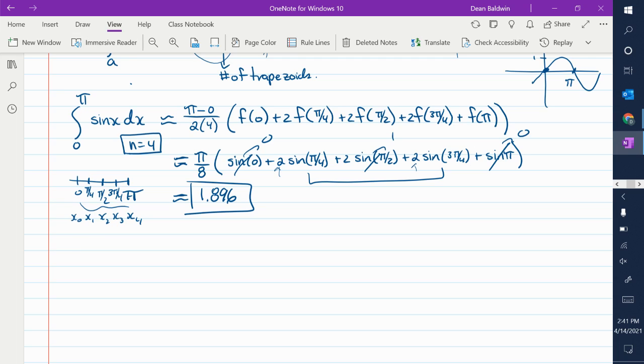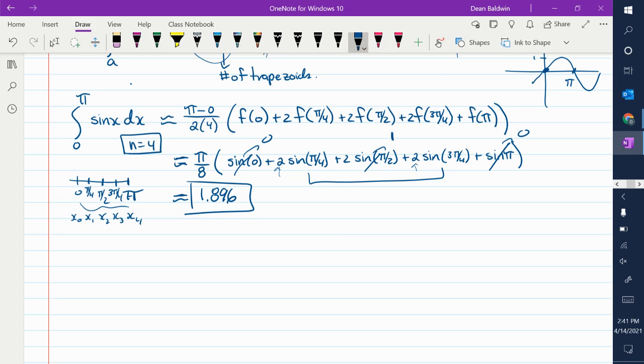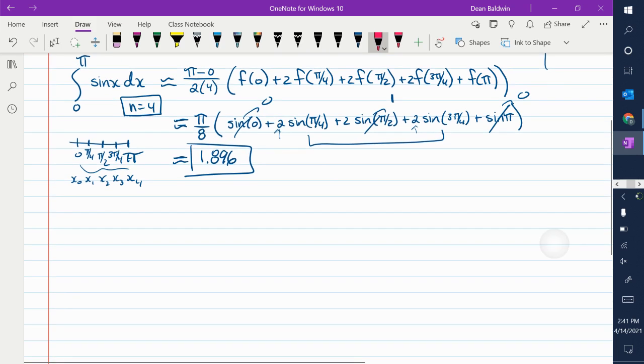Multiply by 2. Oh, yes. There you go. Because it's 2 times 1, right? Yeah, so plus 2. So you should get 1.896. Because we are superstars, we actually know how to do this, right?